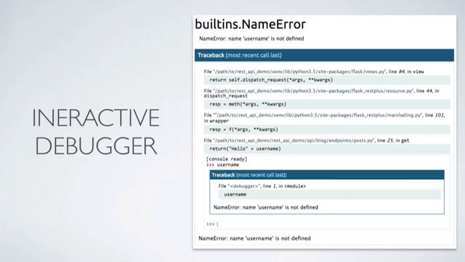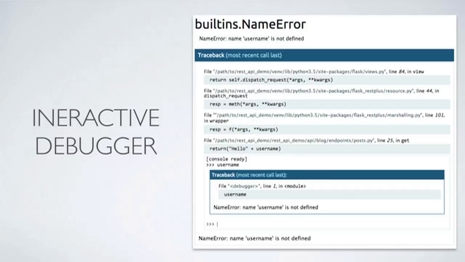If you don't catch any of the errors and they're not handled by your default error handlers, then inside of the developer's server that comes with the framework, that comes with Flask, you also get an interactive debugger running in the browser.